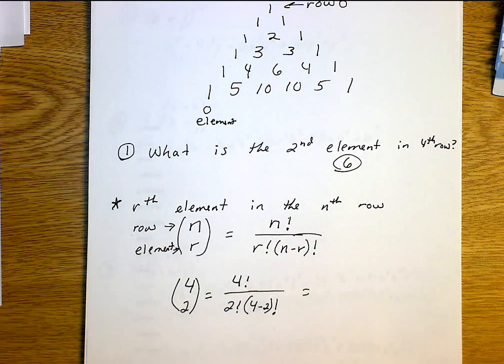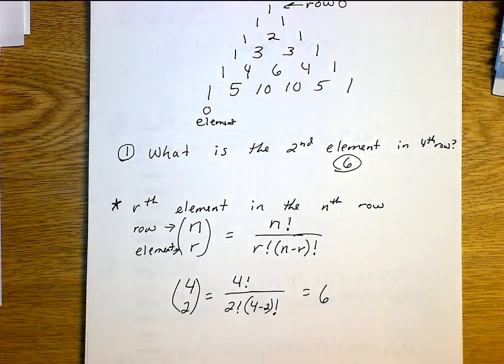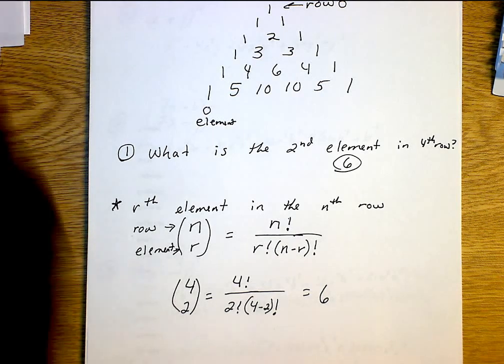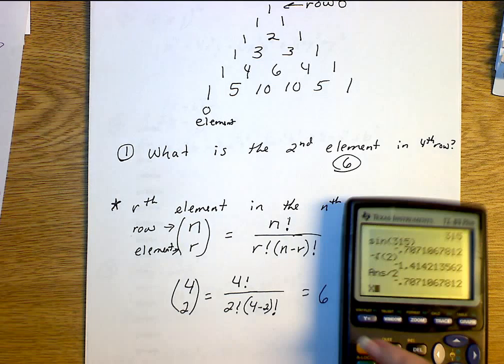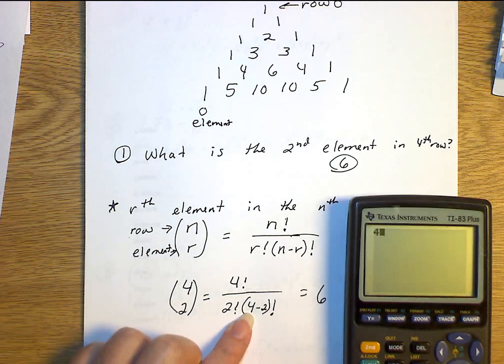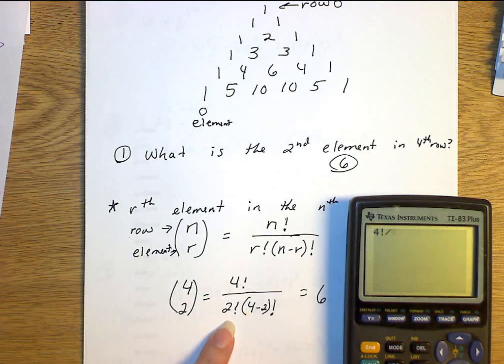Did you guys get 6? Did you put parentheses? 4 factorial divided by 2, whoops, I forgot my parentheses, 2 factorial, times, and did you go 4 minus 2?